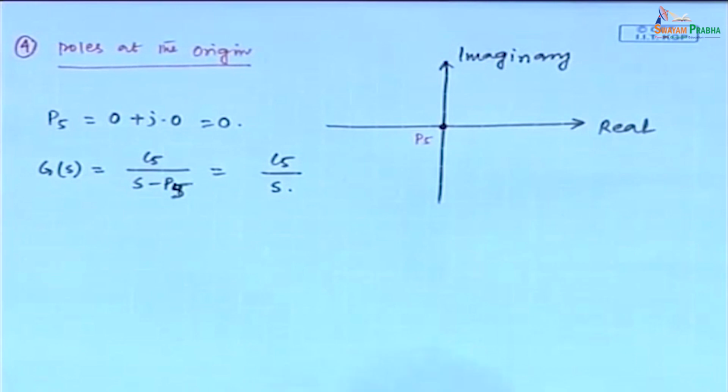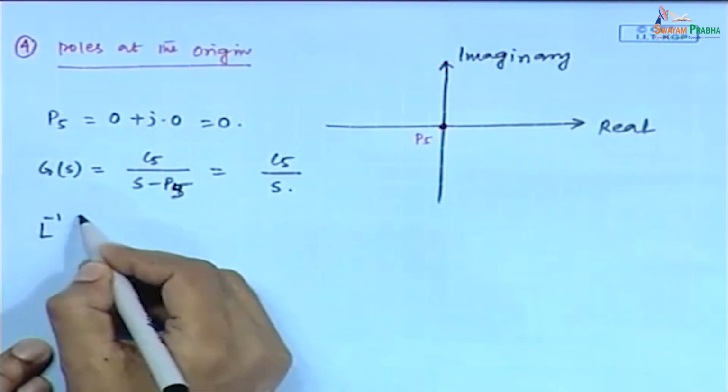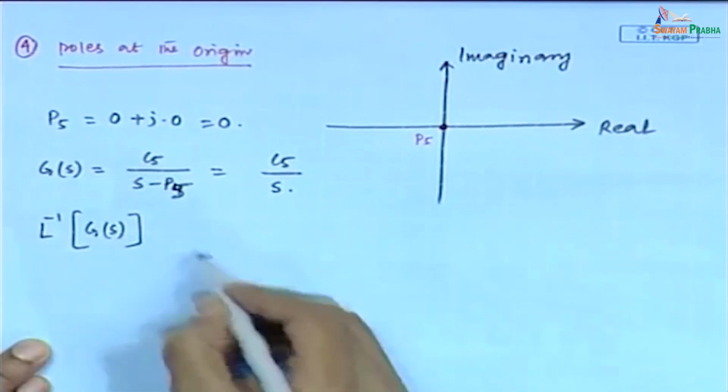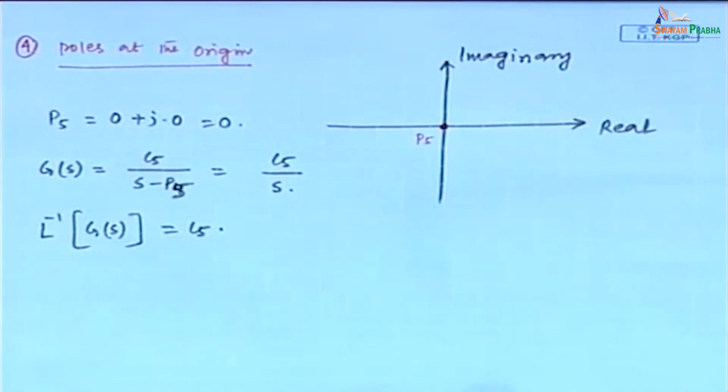Fine. Now, we will usually take the inverse of this Laplace transform, then we get C 5, one constant term, fine.